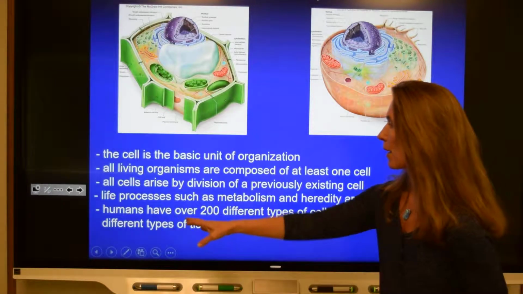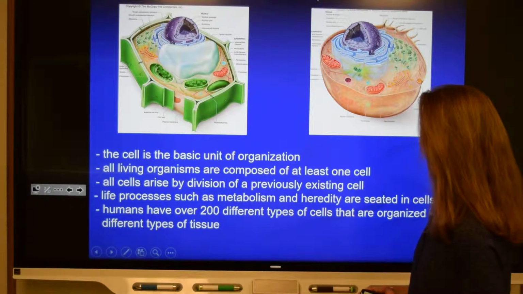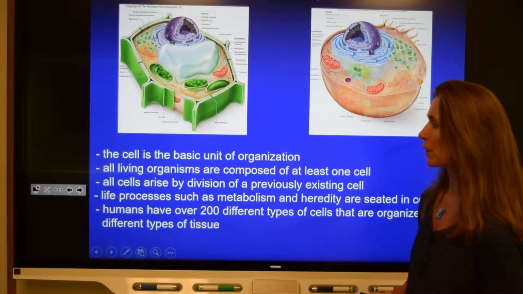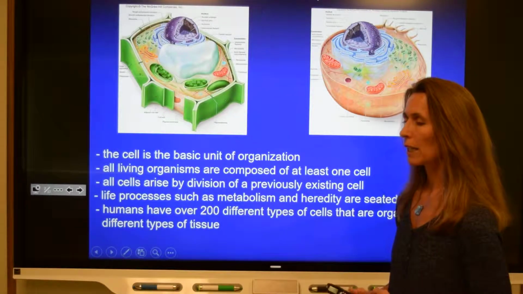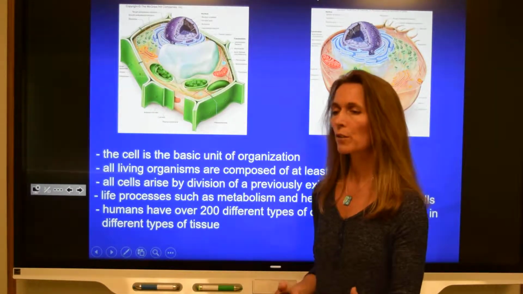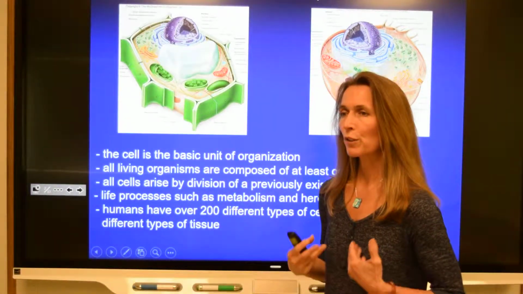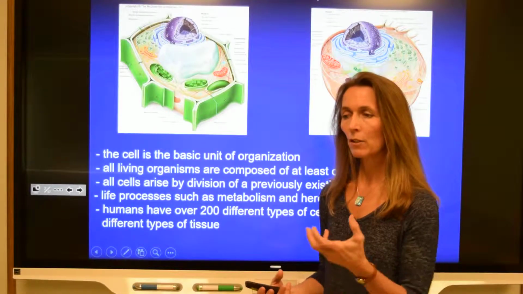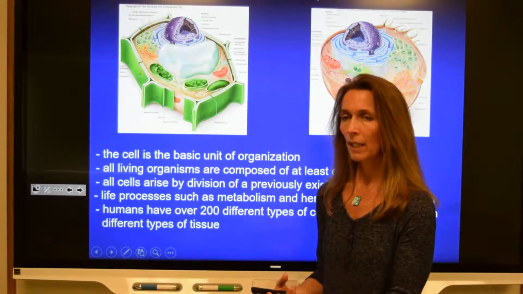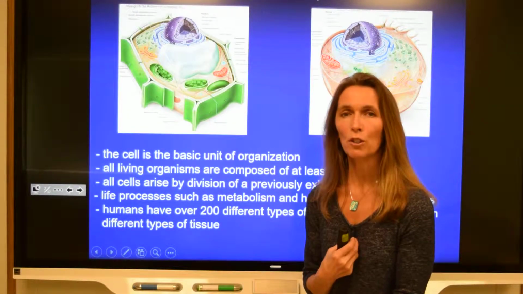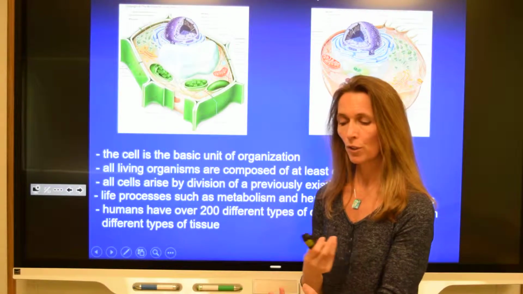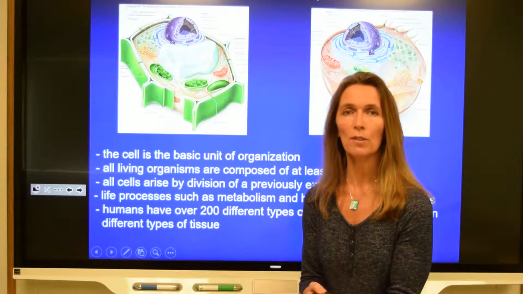Then humans have over 200 different types of cells that are organized in different types of tissue. And depending on whether you're a single-celled organism or a multicellular organism, you have different hurdles to overcome. A single-celled organism, for example, doesn't need to develop lung tissue because the oxygen can easily diffuse into the single-celled organism.